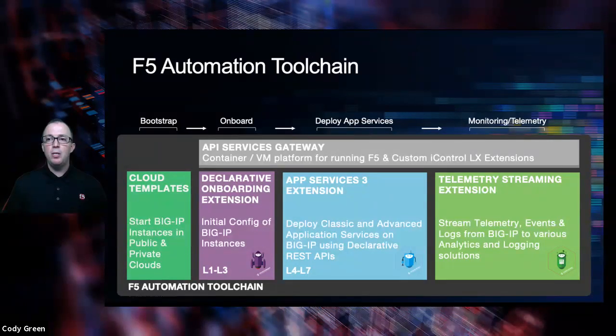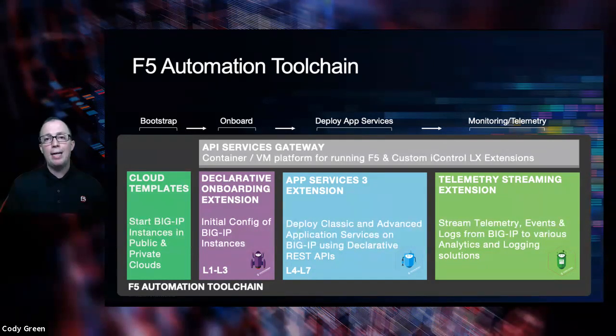So there's a couple things we can look at. When we look at how we deploy these, they can be deployed directly onto the BigIPs in your environment. However, many of you, like myself, have SLAs that require you to take change windows or outages to do upgrades. While these extensions, which are iControl LX extensions, do not implement themselves in the data path, doing an upgrade of them may still require the outage or the change window.